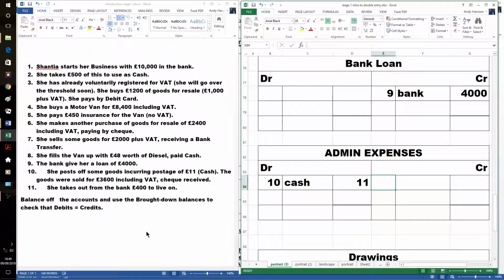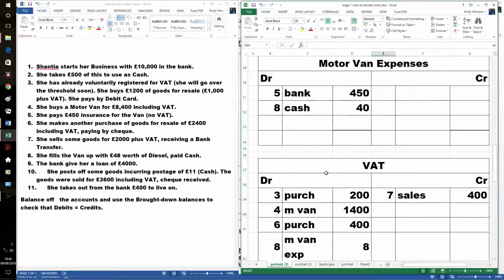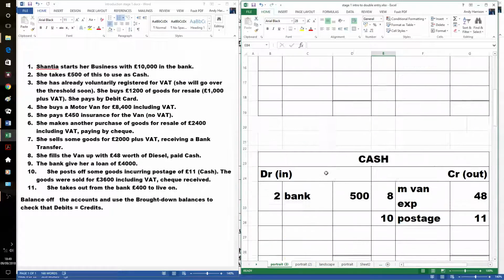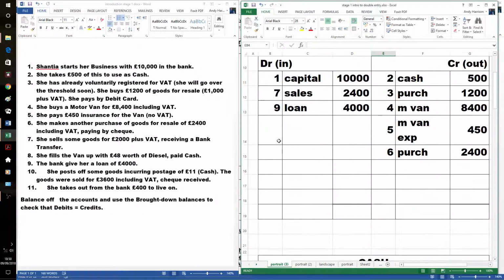But now we need to sort out the sales, so we've got to check. So that's coming into the bank, 3,600 including that. That'll help our bank account, or her bank account.